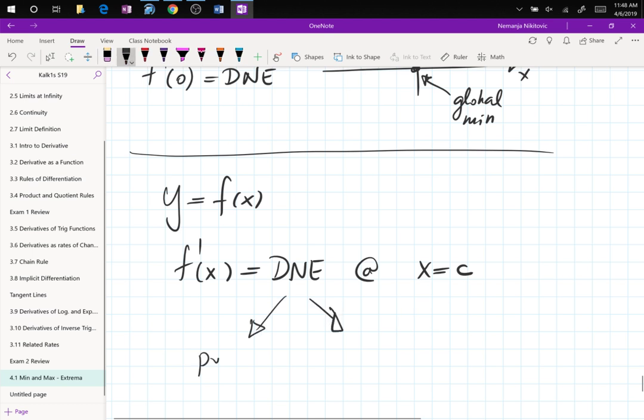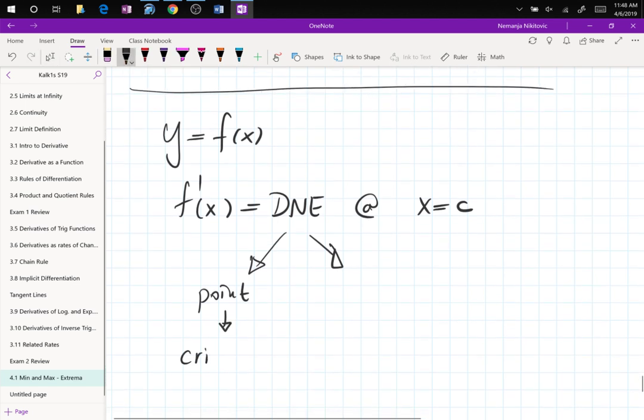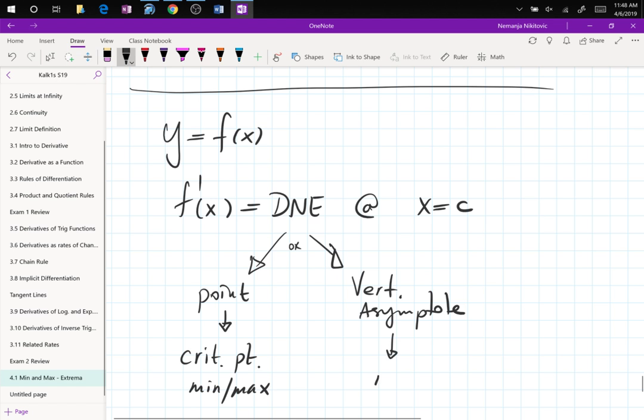One possibility is a point, in which case it goes to critical point and you have to assess min-max. Or it could be a vertical asymptote, in which case, no critical point.